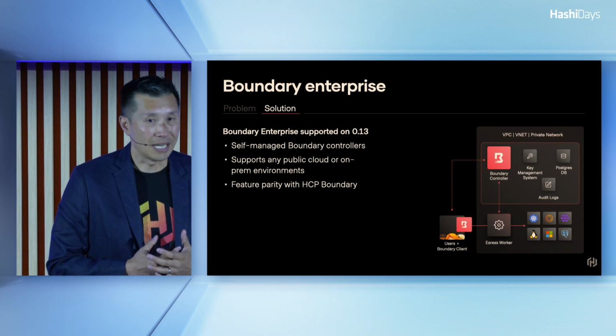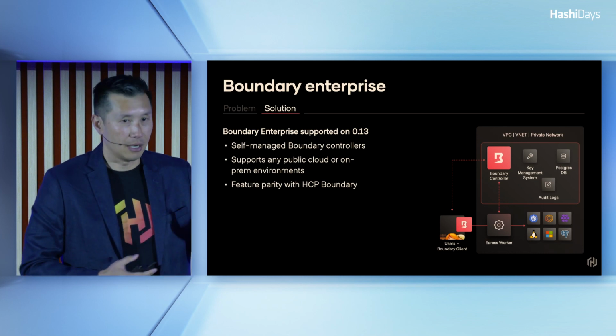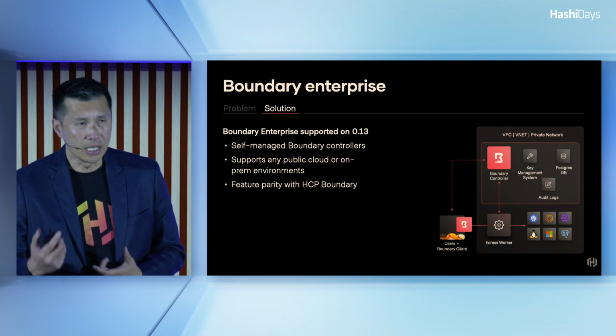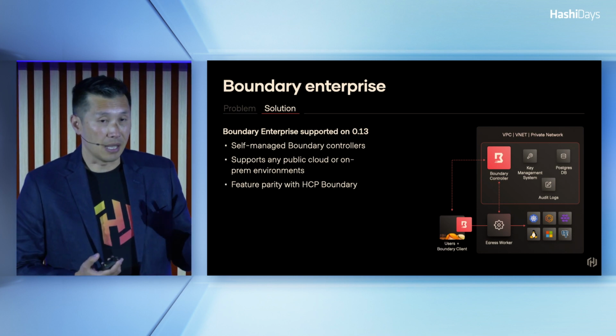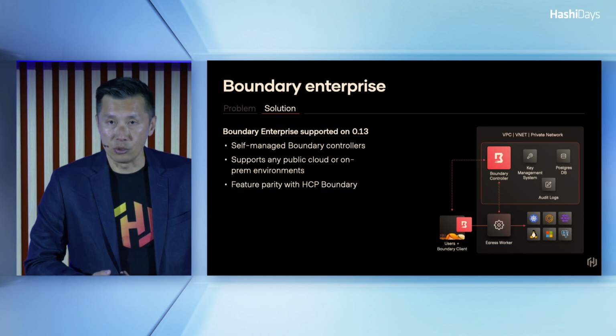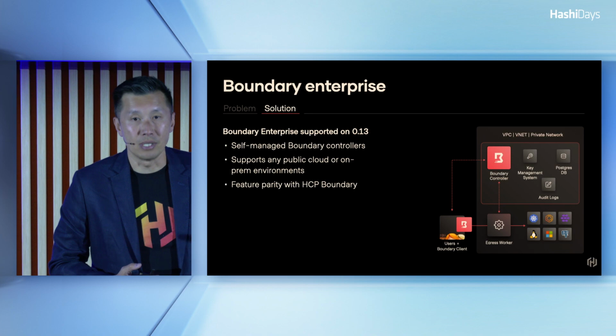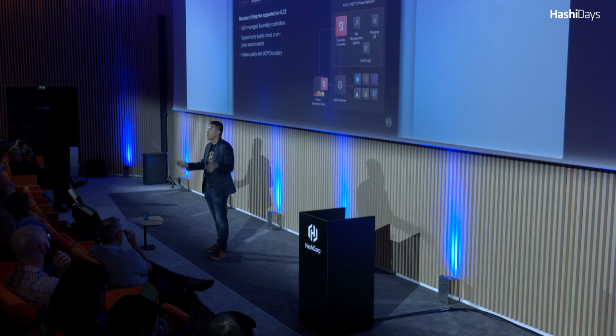The features are identical. So that's the nice part, that you don't really have to look at different matrices to understand what's supported and what's not. The only real decision point you need to make is, am I under certain regulations that just don't allow me to use managed services? If so, Boundary Enterprise. For all other cases, I would say HTTP Boundary is probably the easiest option, right?